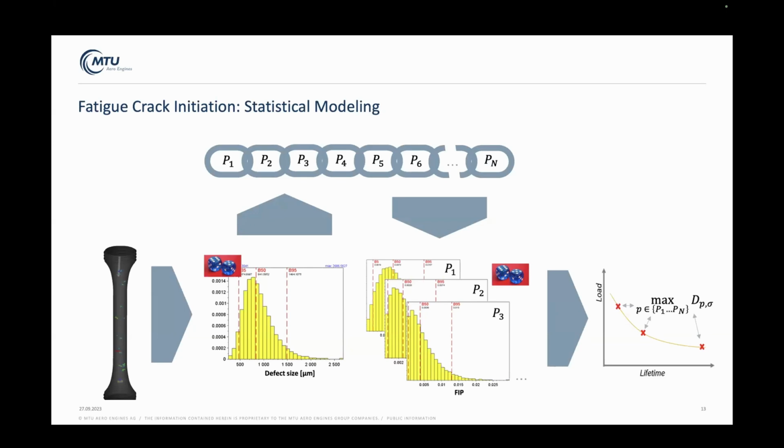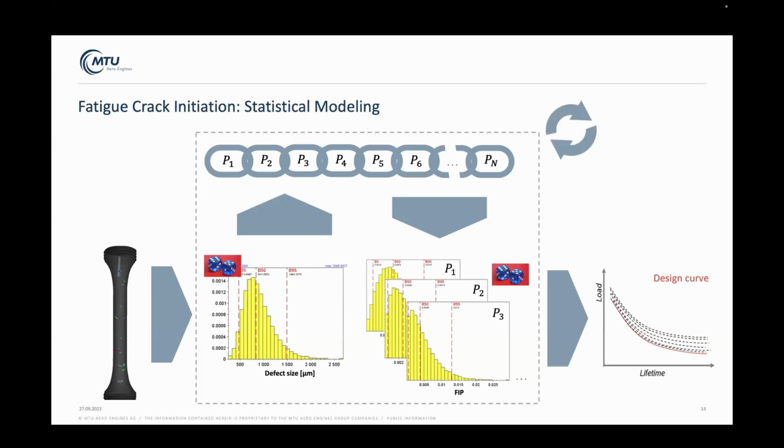Then we get a bunch of FIPs, and the largest of those FIPs gives us the lifetime of our weakest link. This gives us a point on the S-N curve, or even multiple points, so a whole Wöhler curve, if we have pre-computed damage results for more than one loading.